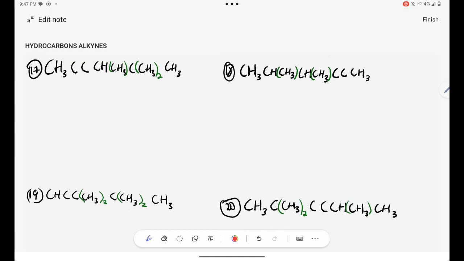Okay, and then number 17, I have CH3, a C, and a CH with the CH3, and then I have 2 CH3s and a CH3. I'm supposed to write the hydrogens over there.